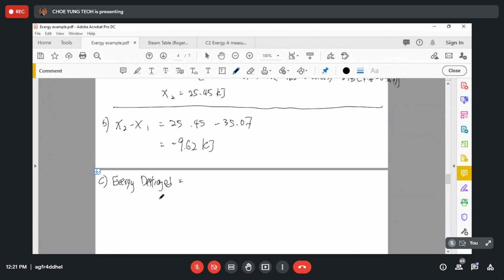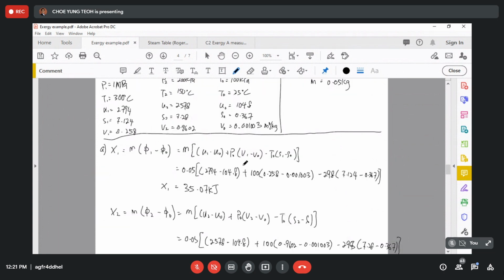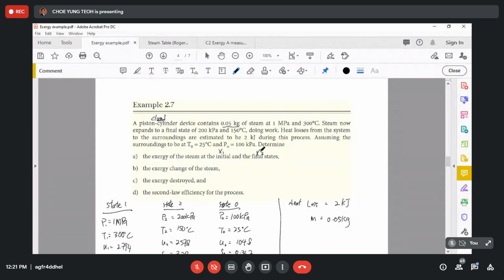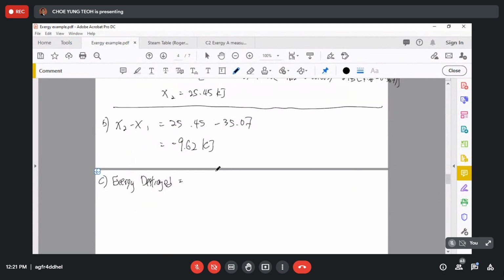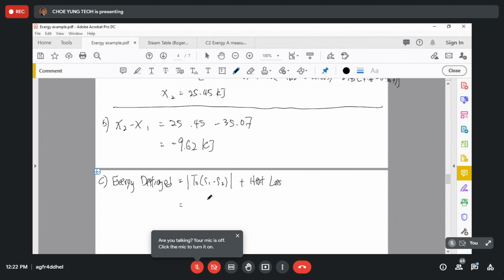So for this case, we have the irreversibility. We also have a heat loss of 2 kilojoule. So we have to combine the total loss over here. So we find the irreversibility, and then plus the heat loss of 2 kilojoule. I put the modulus because the losses should be the positive value as well over here, and then both of them can be combined.